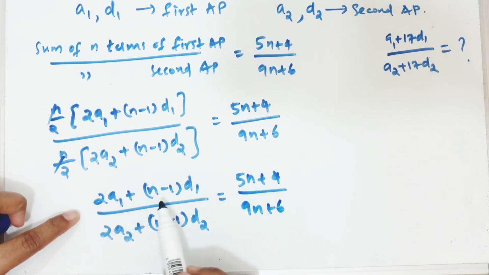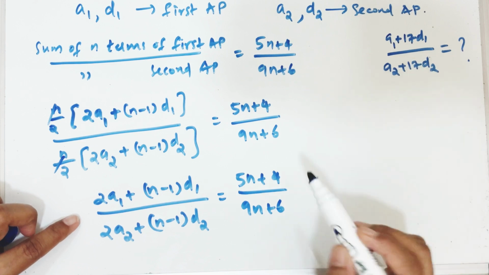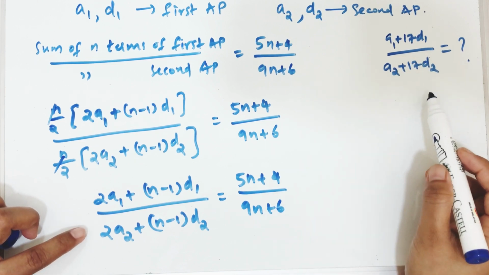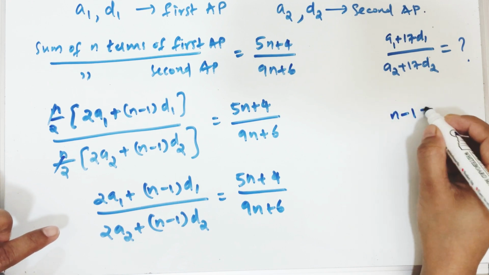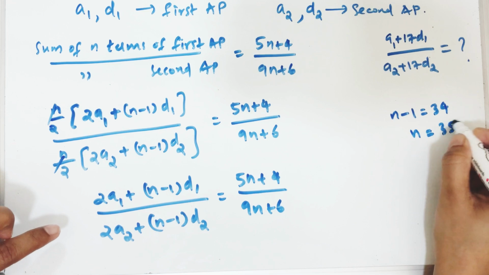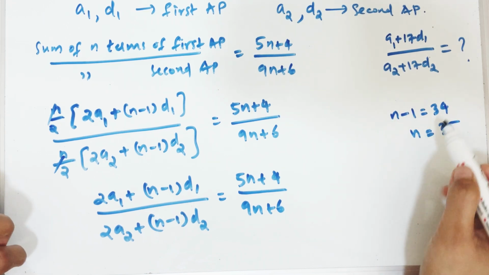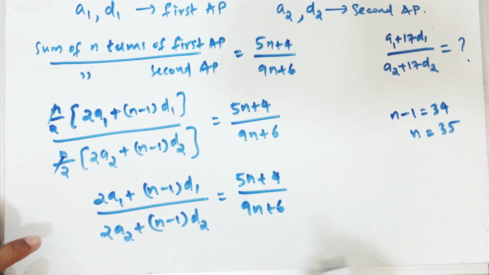We have 2a1 plus n minus 1 into d1 by 2a2 plus n minus 1 into d2. We need a1 plus 17 d1 by a2 plus 17 d2. So put n minus 1 is equal to 2 into 17, that is 34, which implies n is equal to 34 plus 1, 35.